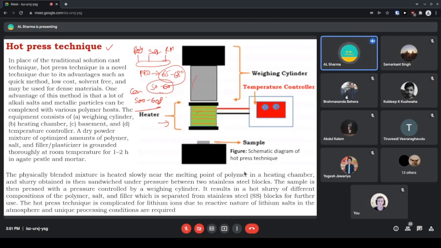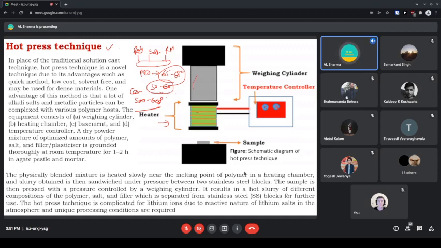A dry powder mixture of an optimized amount of polymer, salt, and filler is ground thoroughly at room temperature for 1 to 2 hours in an agate mortar and pestle. The physically blended mixture is heated slowly near the melting point of the polymer in the heating chamber, and the slurry obtained is then sandwiched under pressure between two stainless steel blocks. The sample is then pressed with a pressure controlled by a weighing cylinder.